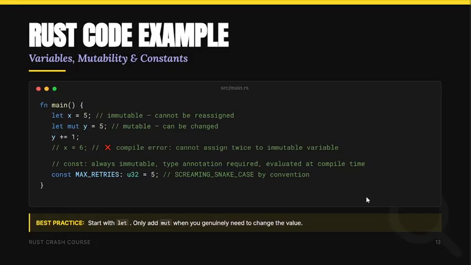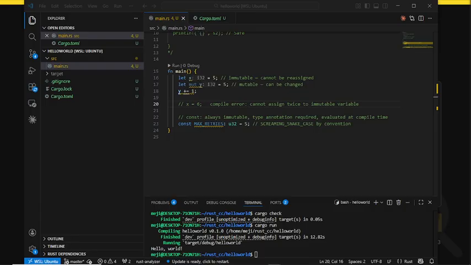Start with let and only add mut when you genuinely need to change the value. In practice, you'll find that a surprising percentage of your variables don't need to be mutable. Embrace that. Immutable data is safer, easier to reason about, and more auditable.